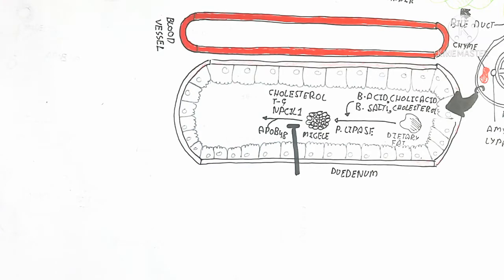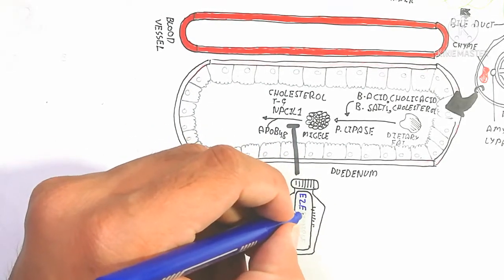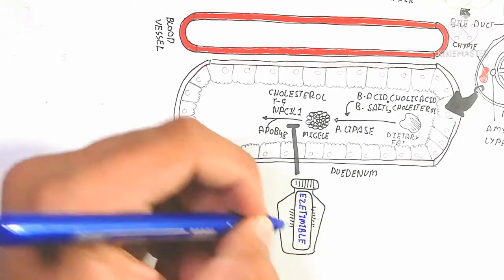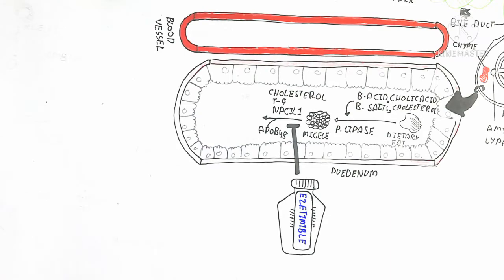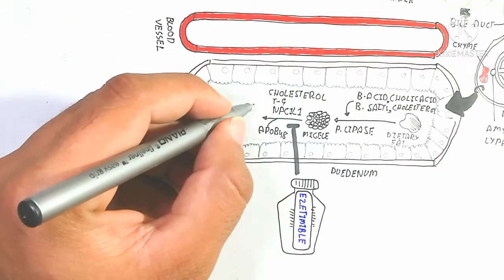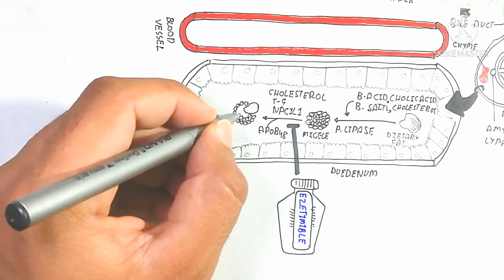But here is the inhibitor drug, whose name is ezetimibe, which is used for the inhibition of micelle absorption. So micelle production is inhibited, and so is chylomicron production.